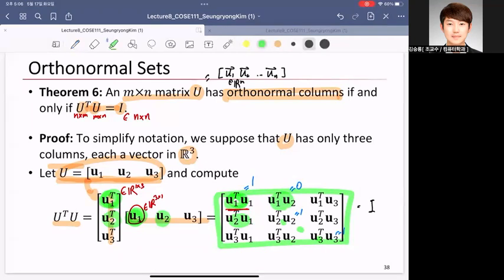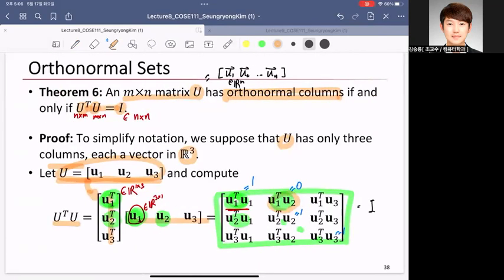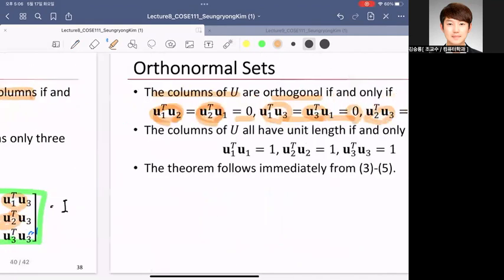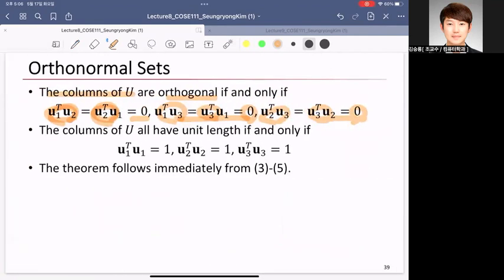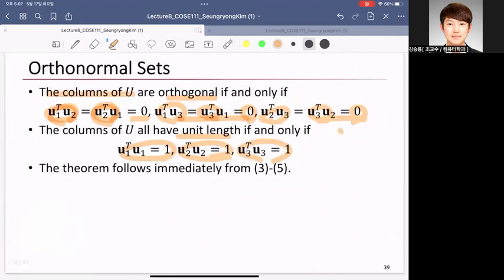From this observation, the columns of matrix U are orthogonal if and only if this one, this one and this one are 0, so the off-diagonal terms here and here are 0. The columns of matrix U all have unit length if and only if this one and this one are satisfied. Let's call this equation 3, this equation 4, and this equation 5.